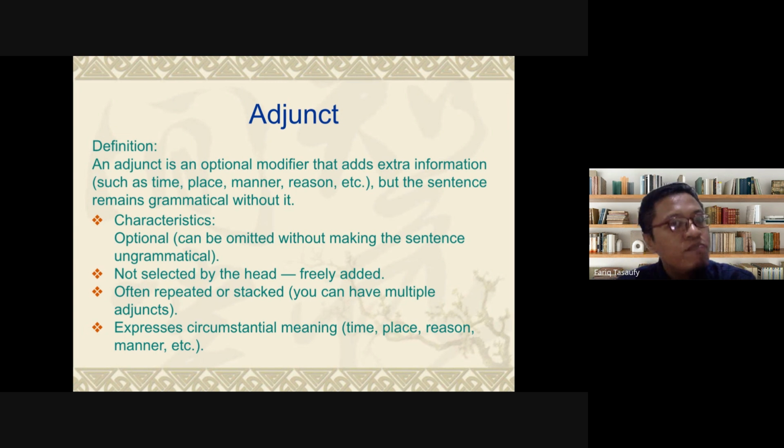So we can move the position of an adjunct to any place within the structure. It is often repeated or stacked. You can have multiple adjuncts. I will show you an example after this. And it also expresses circumstantial meaning: time, place, reason, manner, and so on.